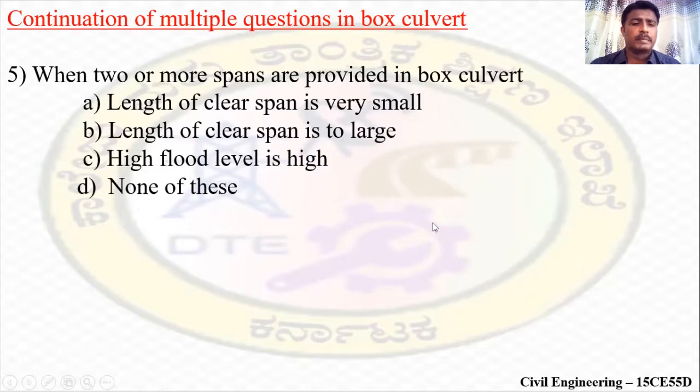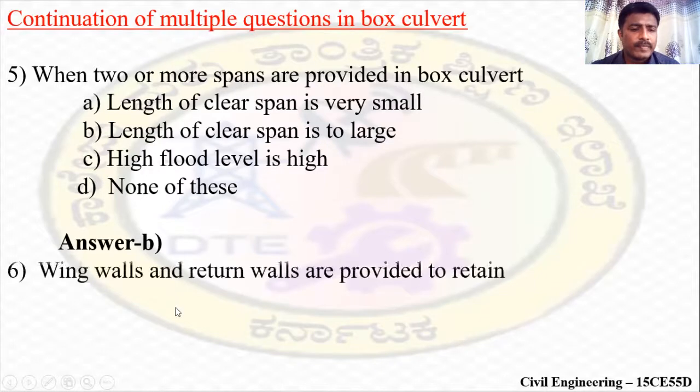Option D, none of these. Answer is option B. When two or more spans are provided in a box culvert, it means the length of clear span is large, so two or more spans are provided. That is answer B.